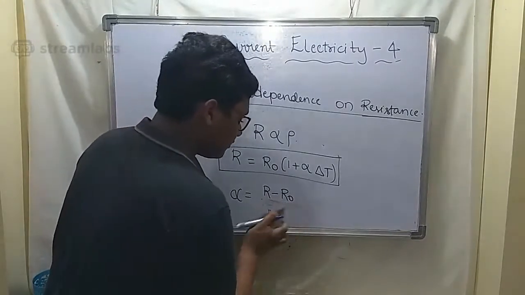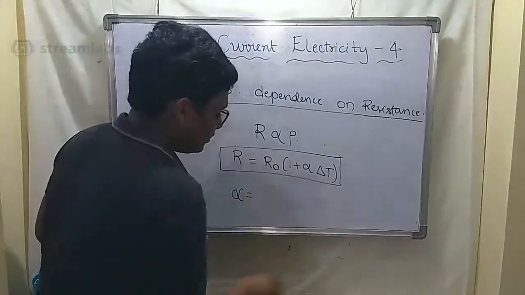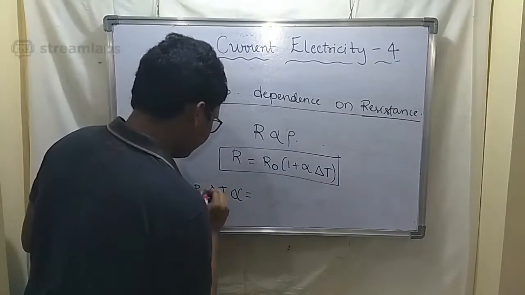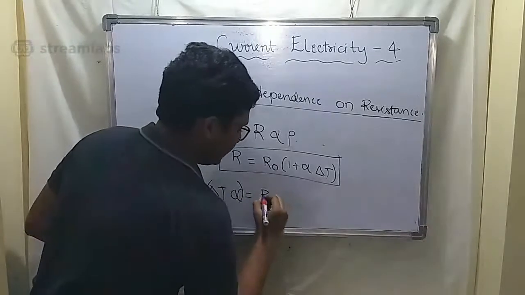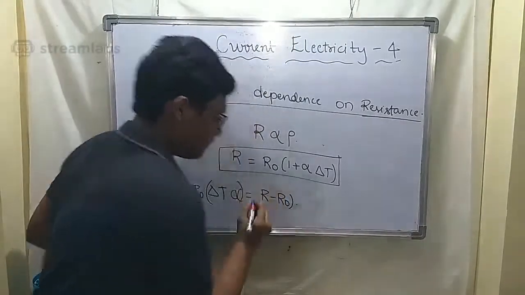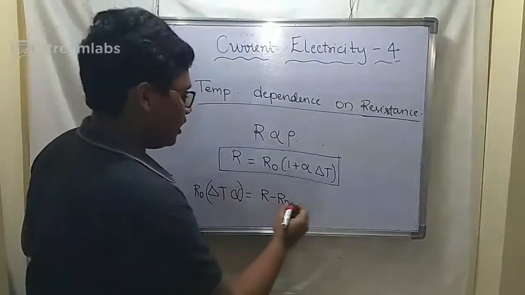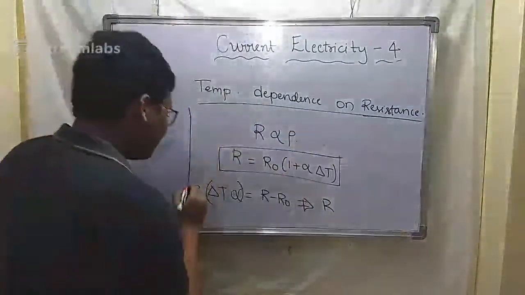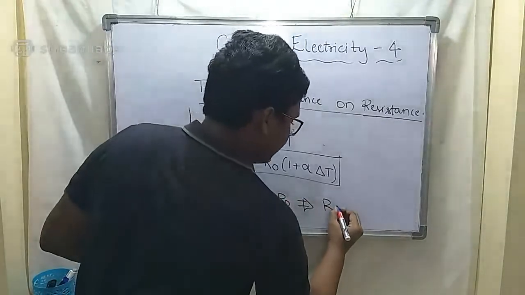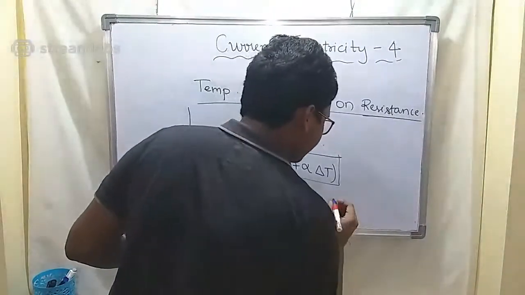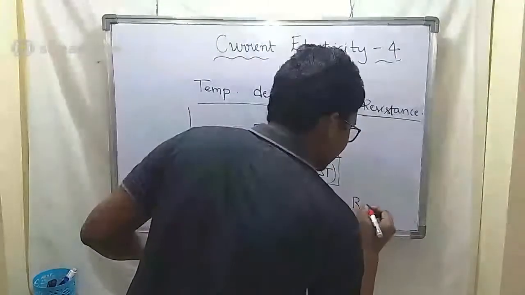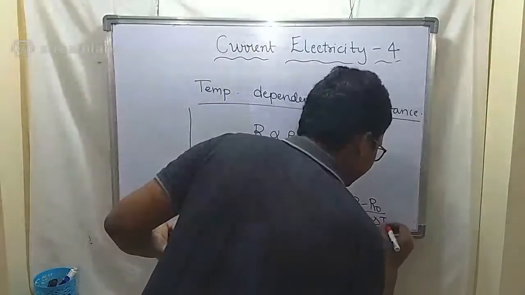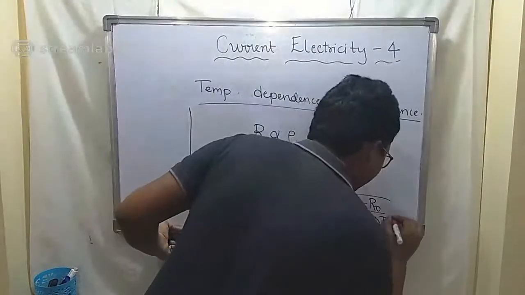Okay, normally we write, I went up here. Here delta t into R naught, here R minus R naught. R minus R naught, we will get here, that is R minus R naught is equal to R naught into alpha delta t.